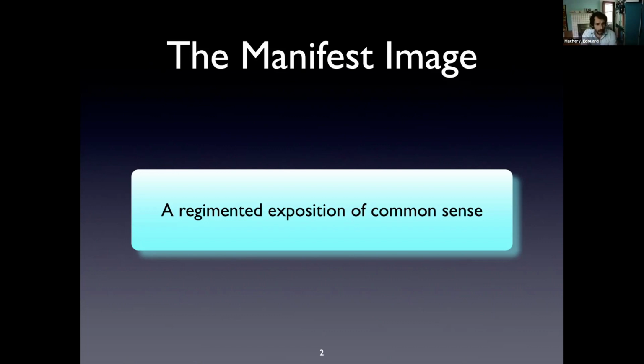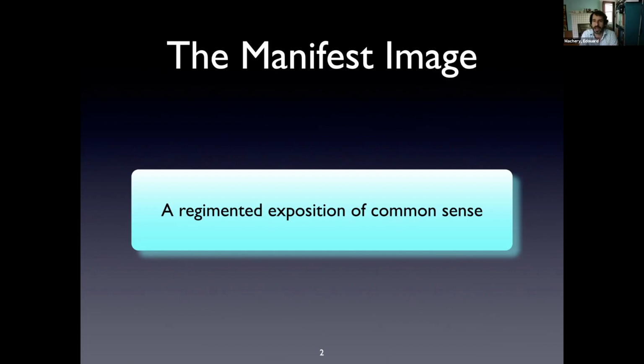So what I take the manifest image to be is common senses that vary across times and cultures, that might be influenced by science. They might vary from group to group, but I believe there are also parts of it that are universal, found across spaces, across cultures, and also across time.